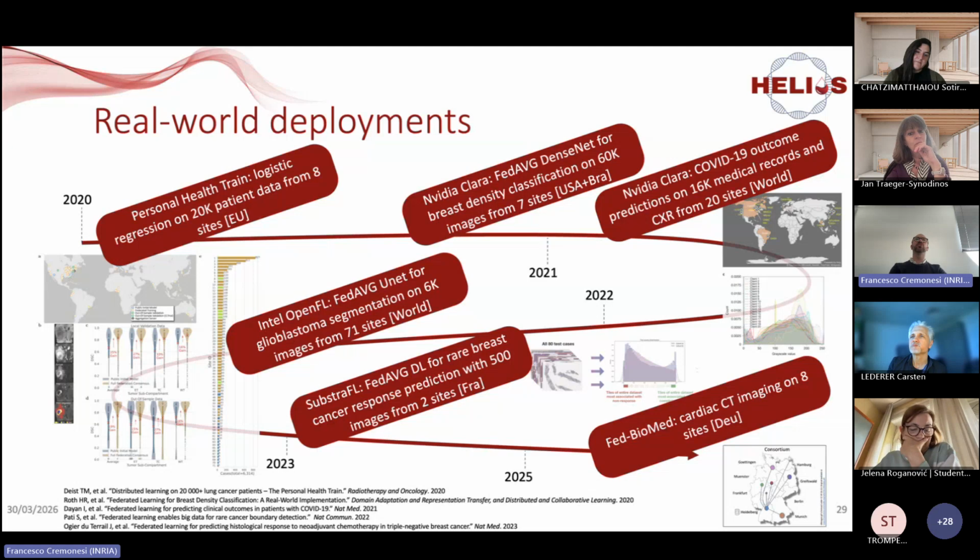They were interesting either because they involved a lot of different sites. The OpenFL I think is the biggest one to date, with more than 70 hospitals from all over the world in theory, and it's a medical imaging task for segmenting glioblastoma.